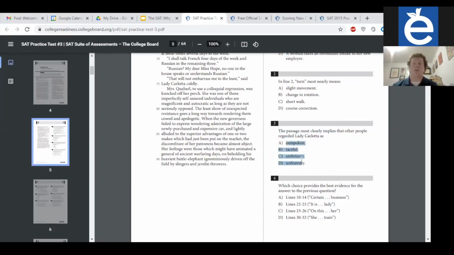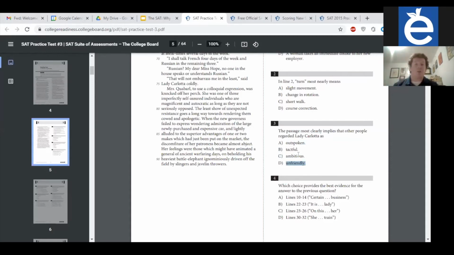So like I talked about with these answers, we can eliminate what's the opposite, which is pretty easy, and then what doesn't quite apply, which is a little bit more difficult. But like I was mentioning with ambitious and unfriendly, if you're not sure, outspoken, ambitious, and unfriendly kind of could be overlapping in their meaning.